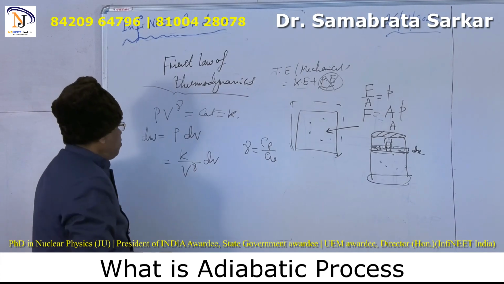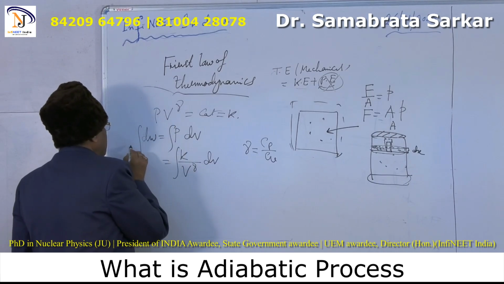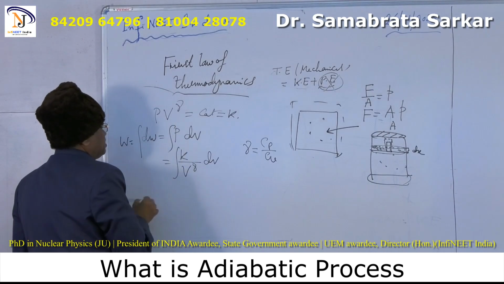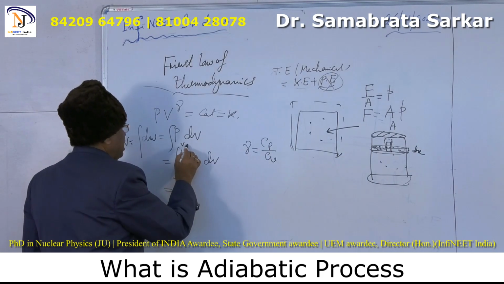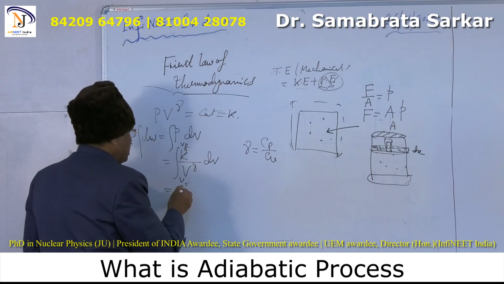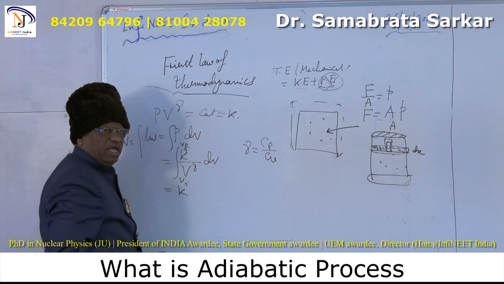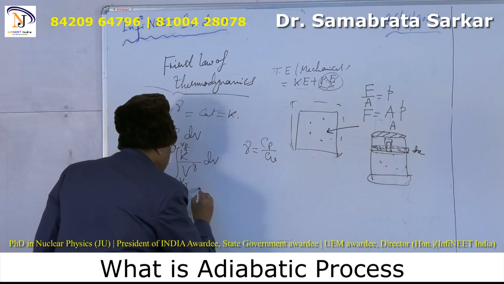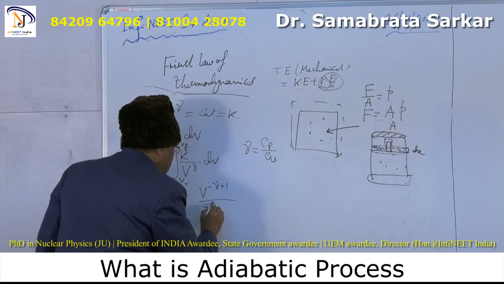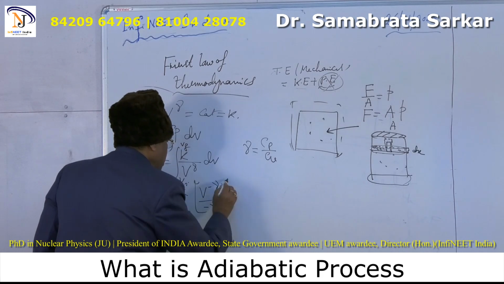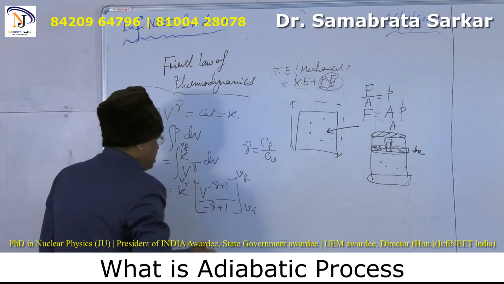Okay. Now you just do certain work like W equals this, and if it is from Vi to Vf, what can you do? You can take K outside the integration sign. Okay, and what can I write? V to the power (minus gamma plus 1) by (minus gamma plus 1), with Vf and Vi as limits.